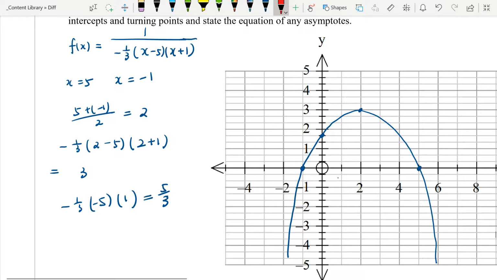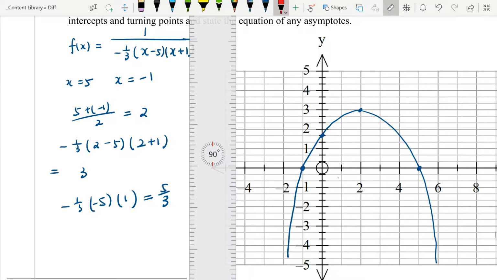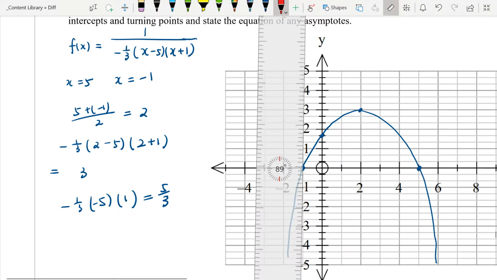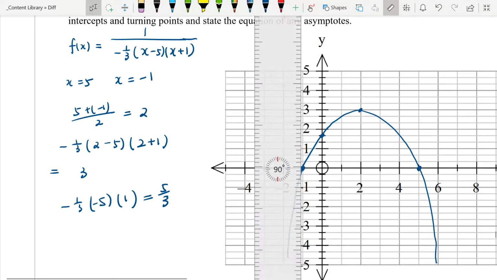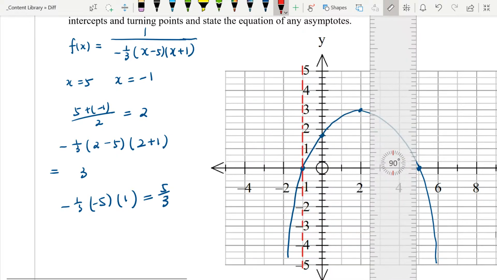And now I also think about the reciprocal one. So obviously this -1 will become the asymptote, because x-intercept will become asymptotes. Denominator can't be 0. And 5 will become the asymptote.